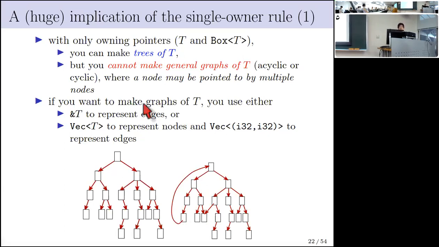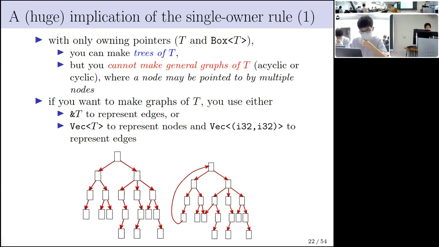This is a huge implication, right? You cannot make a graph solely based on Box T. Of course, you can make a graph using borrowing pointers, which I'm going to get into later, but you cannot make a graph only with a Box T or T itself. So never waste time trying to do that, right?